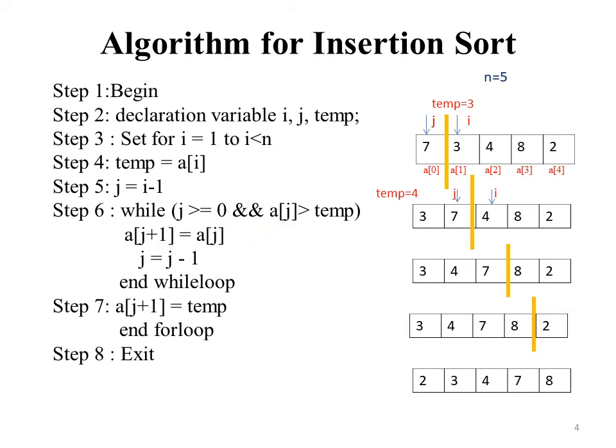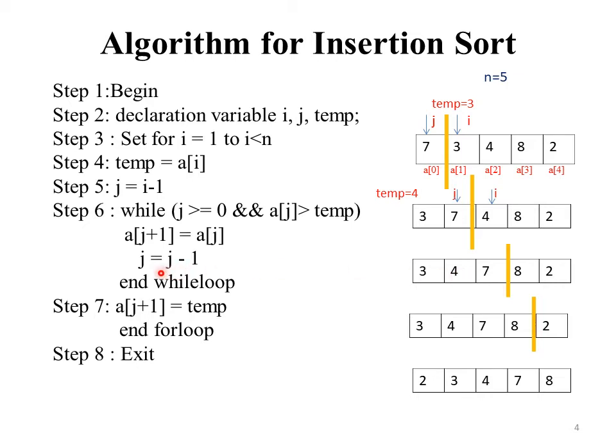The statement is a of j plus 1 is equal to a of j. Here the value of j is 1, so 1 plus 1 is 2. So the value of a of j, 7, is transferred to the second location. So in pass 2, our 7 is transferred to the second location. But now the first location is empty.